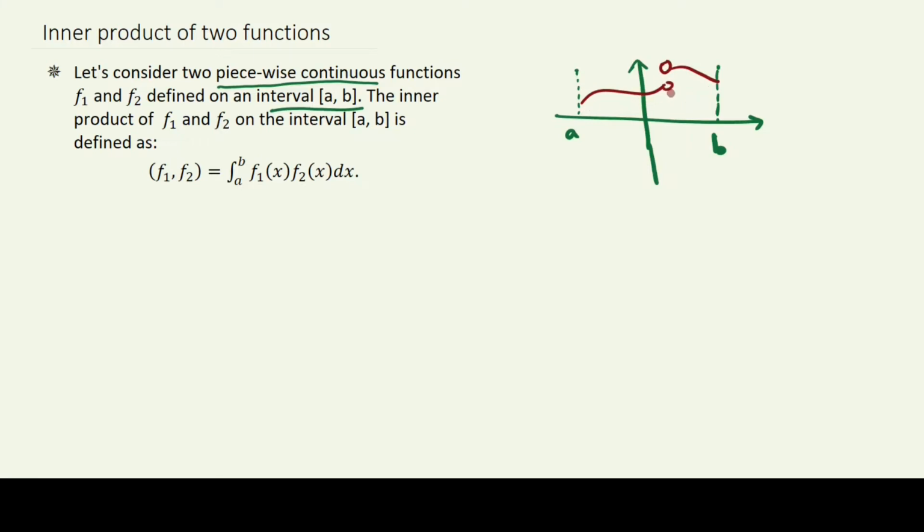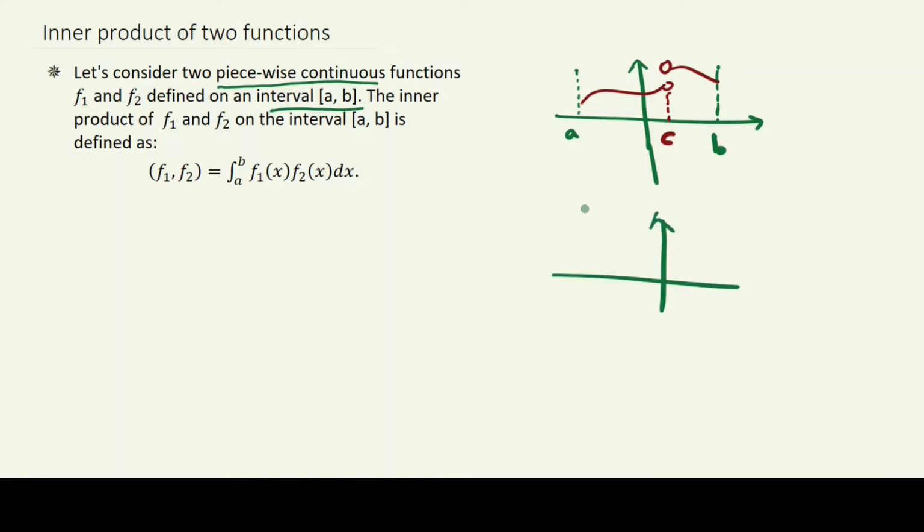Why? Because this function is continuous over a to c and c to b, so it's still considered piecewise continuous. And it can be even worse than that. For example, it can have more discontinuities than just one.